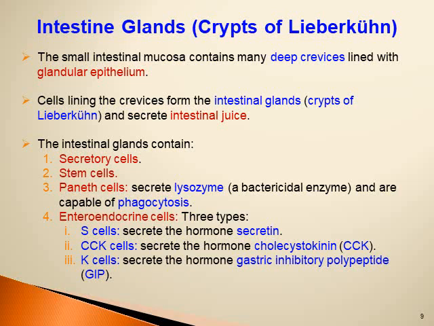Please be careful that these three hormones, or the products of the enteroendocrine cells, are released into the blood, and they are not part of the intestinal juice that will be released into the lumen of the small intestine. These cells form the exocrine part of the intestinal gland, while these three cells form the endocrine part of the intestinal glands.